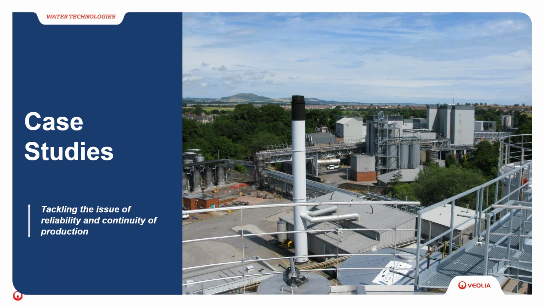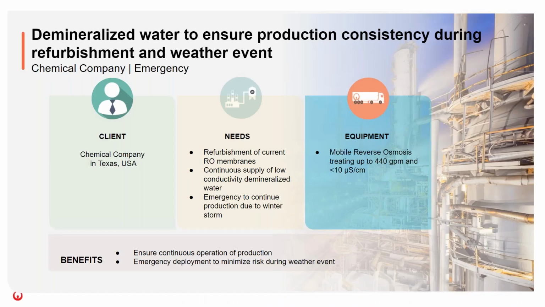We've selected a few case studies for different circumstances and applications. This is a chemical company in the United States located in Texas. 440 GPM was required to ensure treated RO water for several weeks while they replaced their existing membranes.